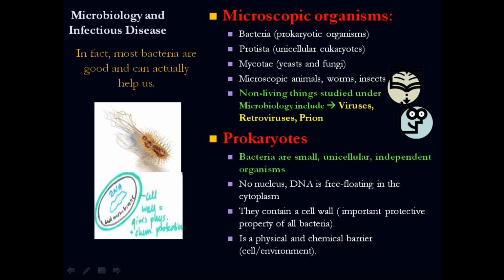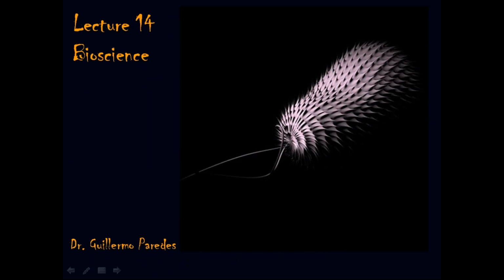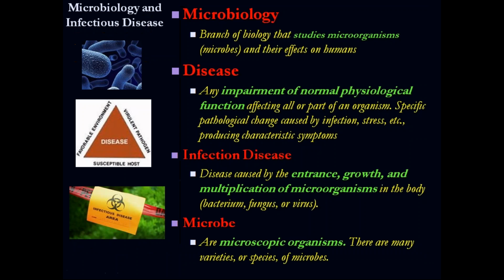All right, so let's go to our next topic. I think it's 14. If there's any question from the previous, very high yield topics here. First of all, what is disease? When you're talking about disease, you're talking about impairment of normal physiological function.